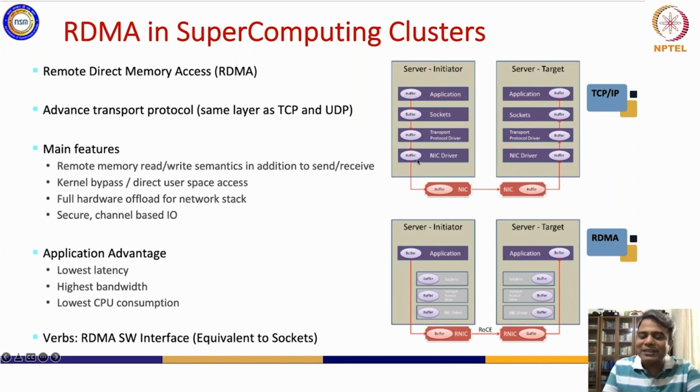The adapter breaks it down into, in Ethernet we call it MTU, a particular transfer unit, and then it will send it out through the physical adapter, through the cable that we talked about, or through the interconnect media.